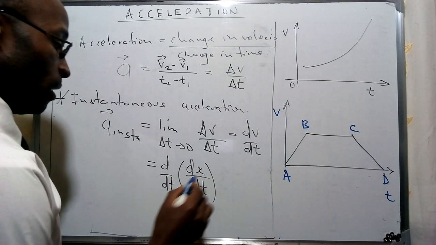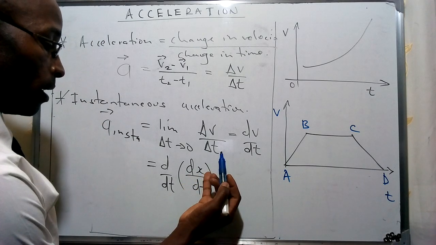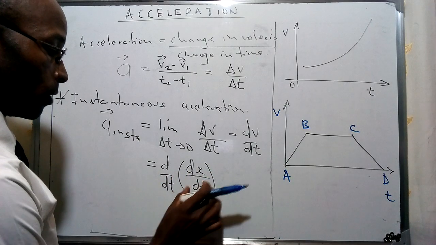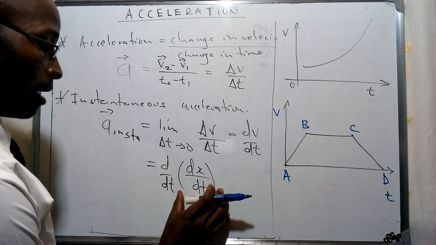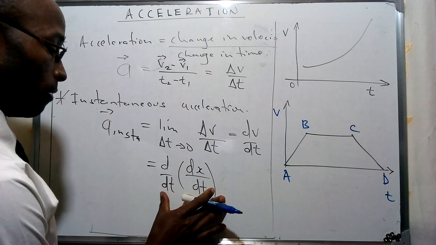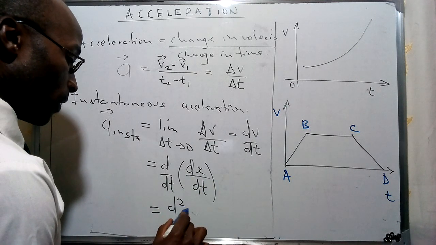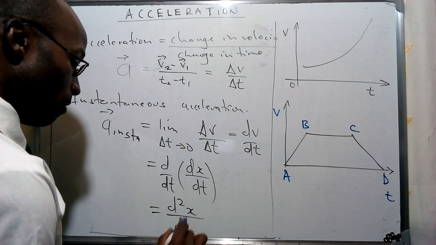So if we take the second derivative of a change of displacement with respect to time, so this is going to be a change of displacement with respect to time for the first differential, and again the result of this is going to be given a second differential, and therefore this is going to be giving us the second differential of this d over dt.